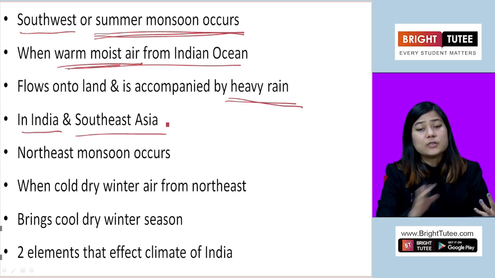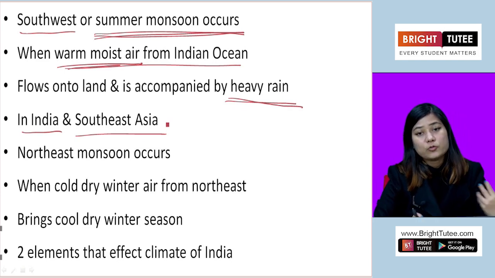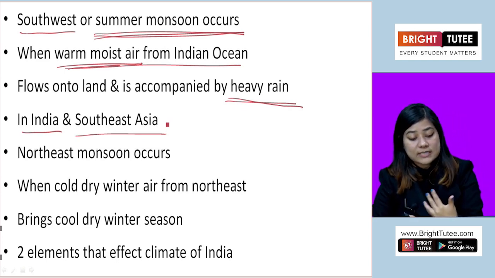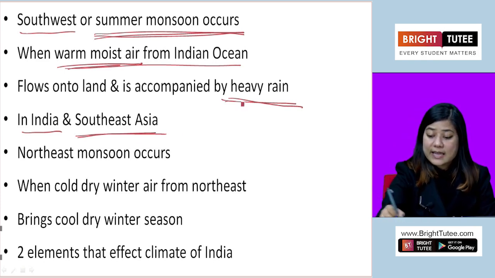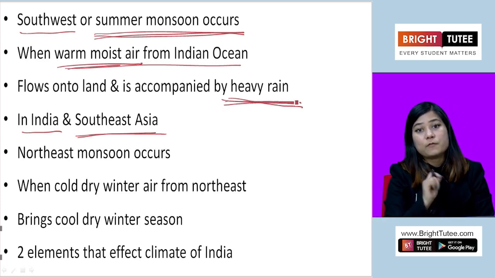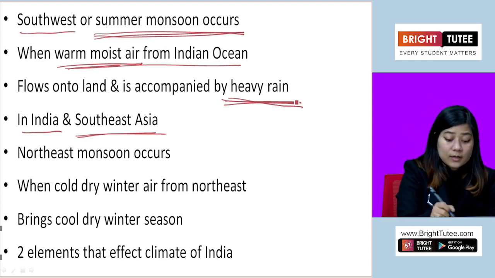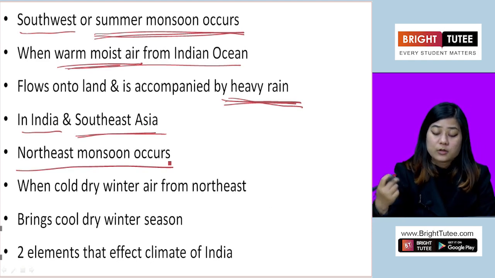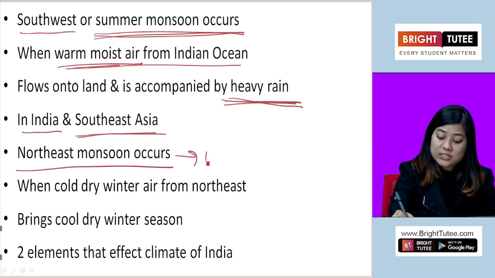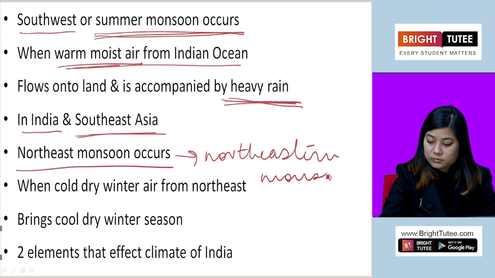So the southwestern monsoon which blows across India and Southeast Asia, as it blows, it brings heavy rain. That is from the month of April to October. And the other, the opposite wind which blows, is the northeastern monsoon.